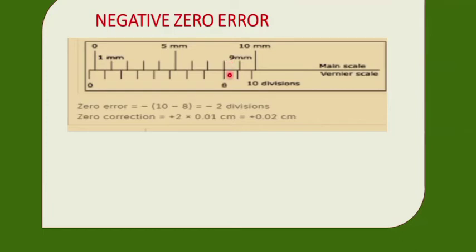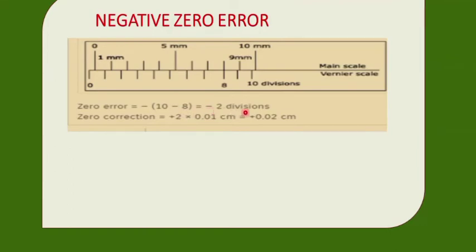So according to the formula, zero error is equal to minus (10 minus 8), which is minus 2 divisions.